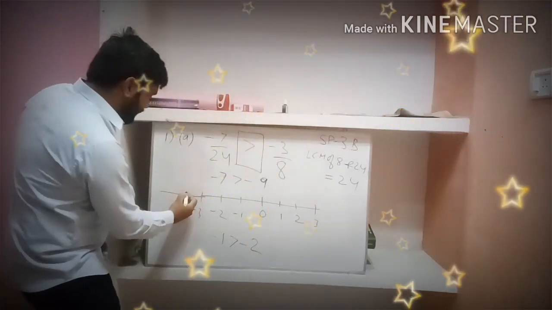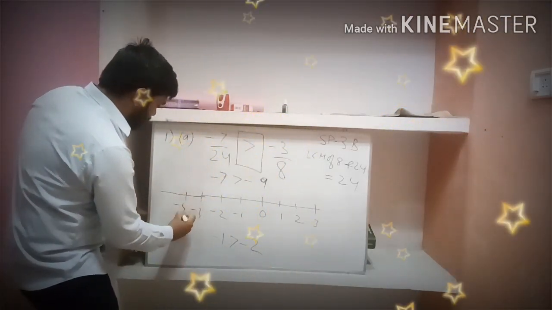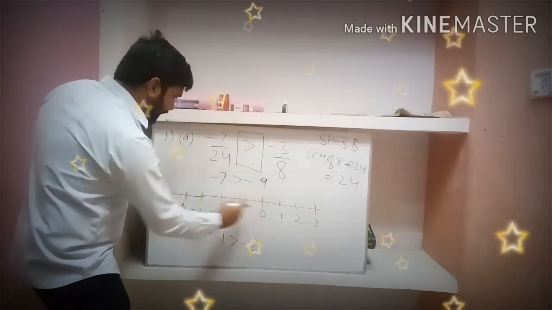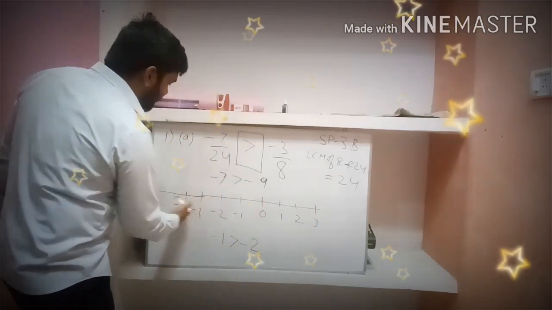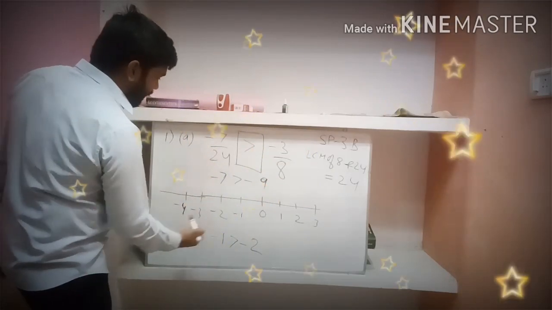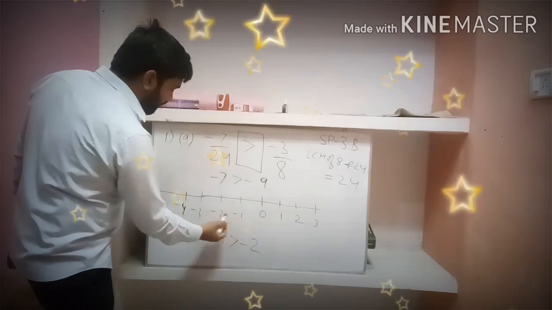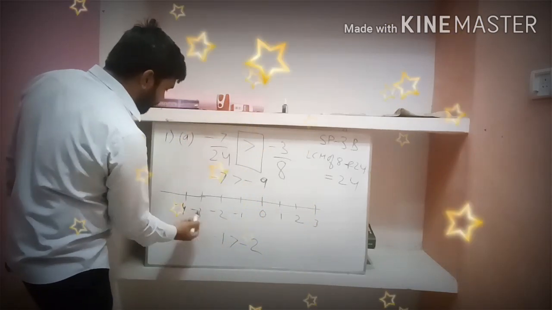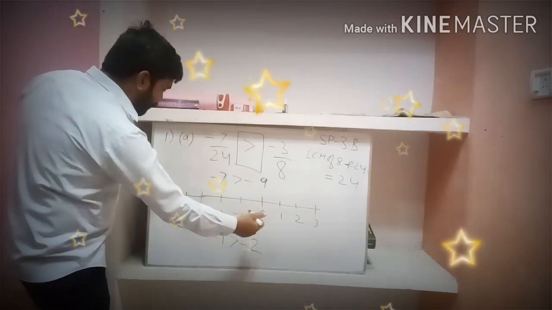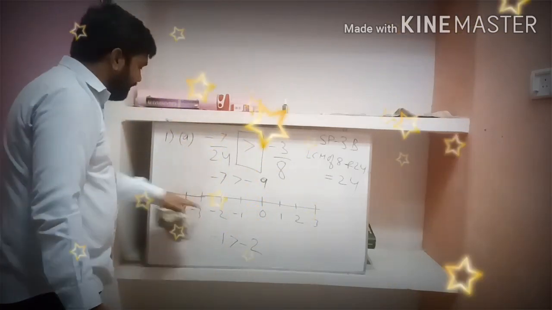So here, this is minus 4. When you move to the left side of the number line, the number is decreasing and it will go to minus infinity. So minus 2 is less than minus 1, minus 3 is less than minus 2, minus 4 is less than minus 3. So when you move to the left on the number line, the number decreases.